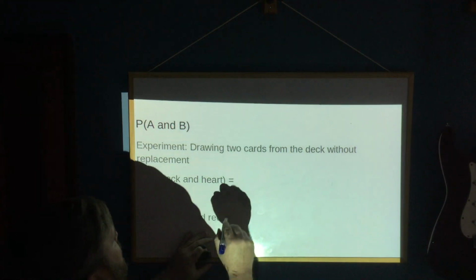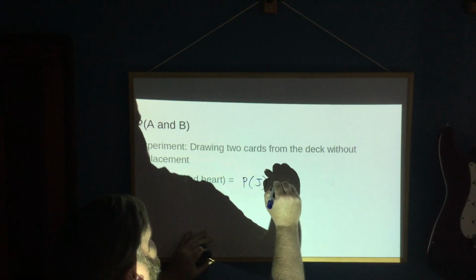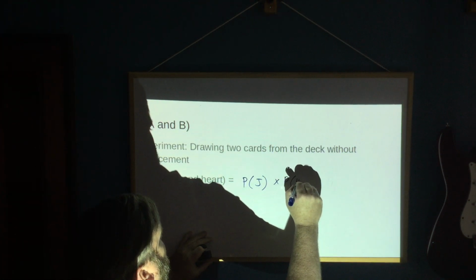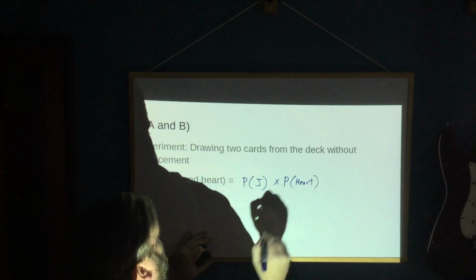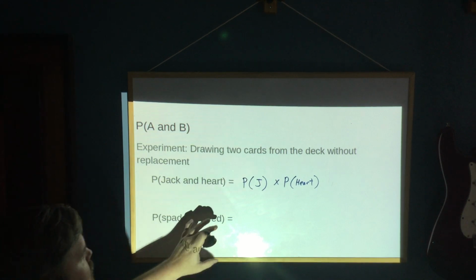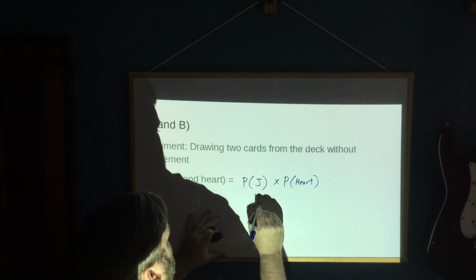Okay, so that's going to be the probability of a jack times the probability of a heart. If you look back at that slide, there are 4 jacks out of 52 cards. So the probability would be 4 out of 52.